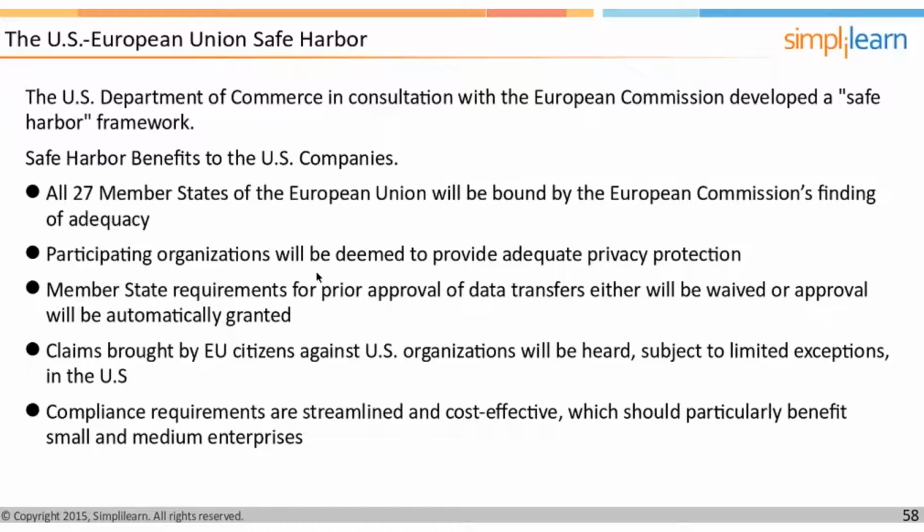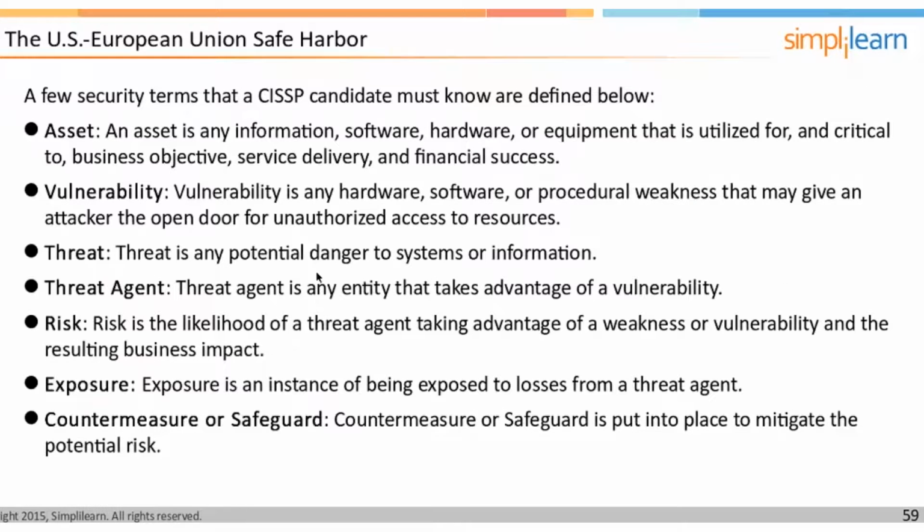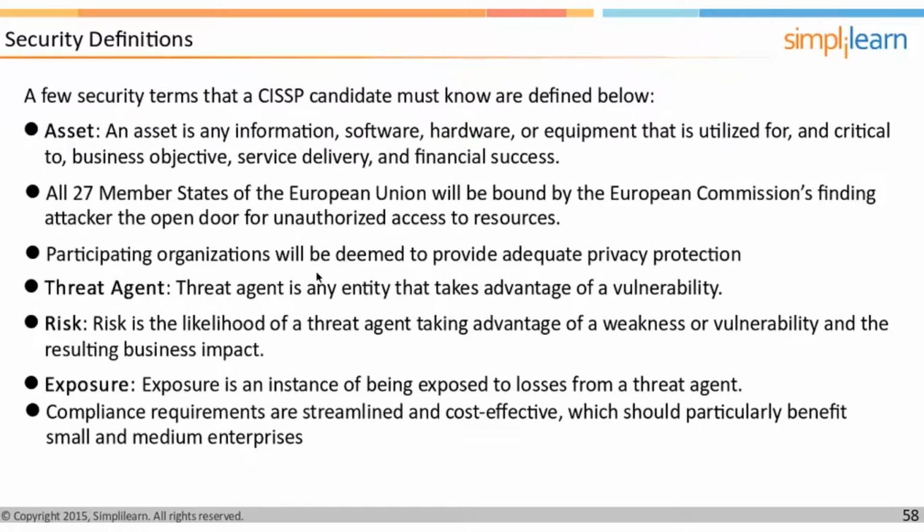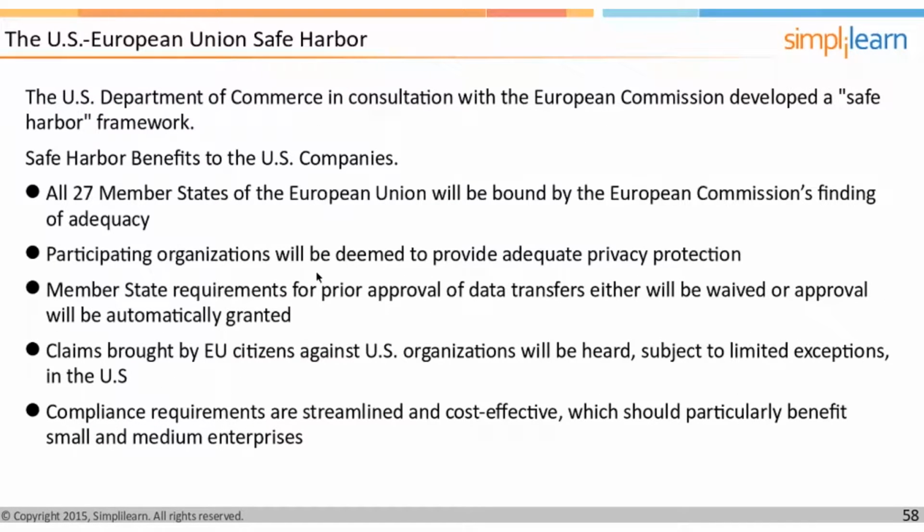Otherwise, there was a lot of problem again for companies like Google or Facebook that transfer a lot of data. In this case, Google and Facebook would have to explicitly ask for permission to transfer data. So that is Safe Harbor. Now any questions so far, guys?